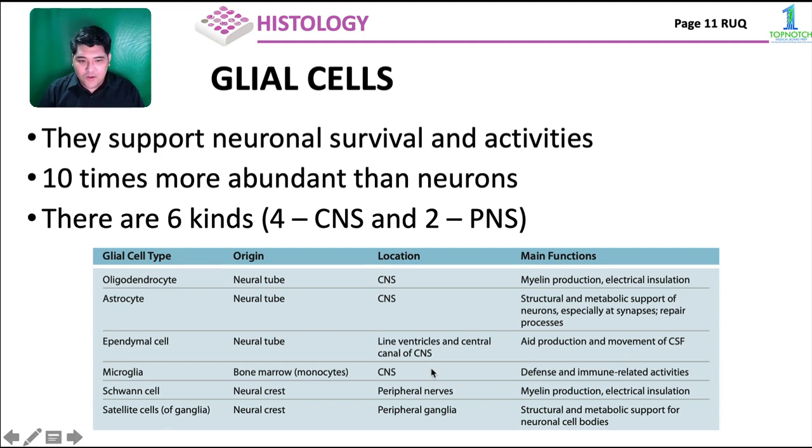Okay, CNS din siya located for defense and immune-related activity. Schwann cell, S sa labas, kaya nga sa PNS located, myelin production pa rin. And then you have your satellite cells, peripheral ganglia, for structural and metabolic support for neuronal cell bodies. Again, 6 kinds of glial cells, 4 in the CNS, 2 in the PNS.